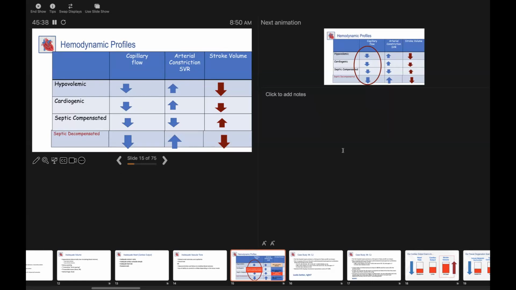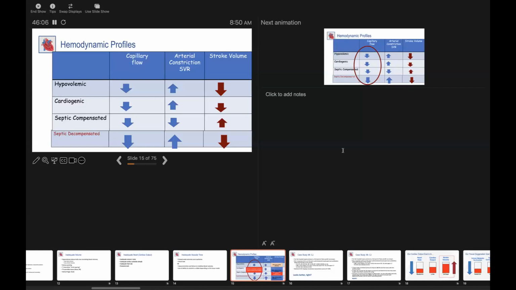Until you decompensate. And let me just say this. It is not like your vessels all of a sudden say, I'm vasoconstricting. It's that you are monitoring their SVR, which is that a measure or a calculation? A calculation. And in decompensated sepsis, you are not regaining your vascular tone.